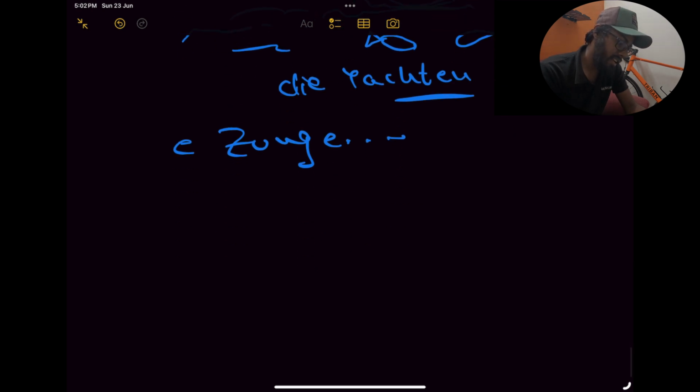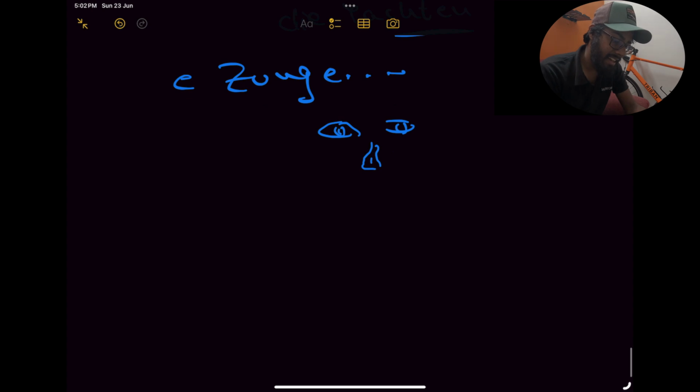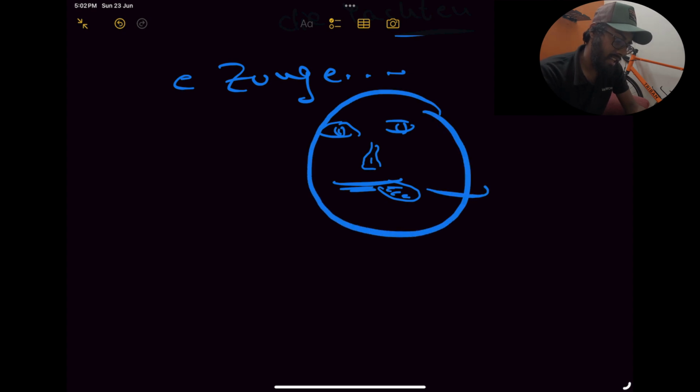So the Zunge is like, there is a person, let's say he has this and this and this, and you have this drawer here, and let's say if we say something which is very delicious, then something is like this, and he wants something, let's say this is laddu candy, so whatever this thing is there, so this is your Zunge.